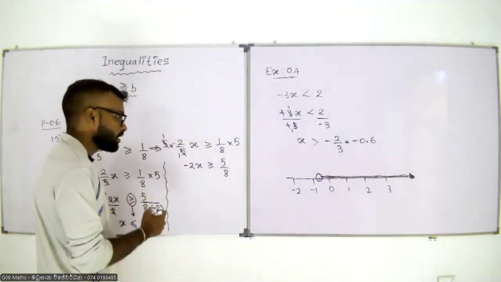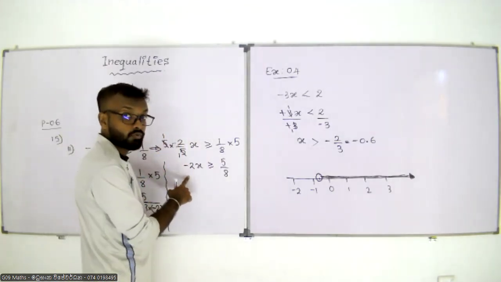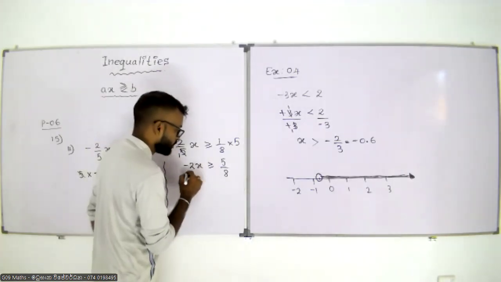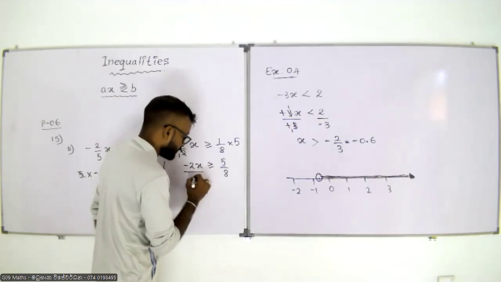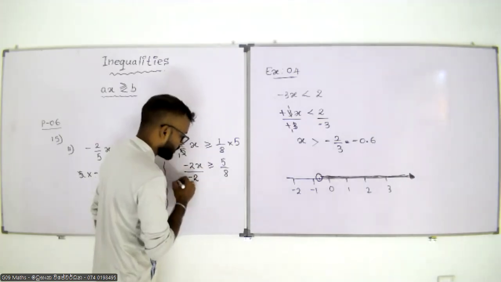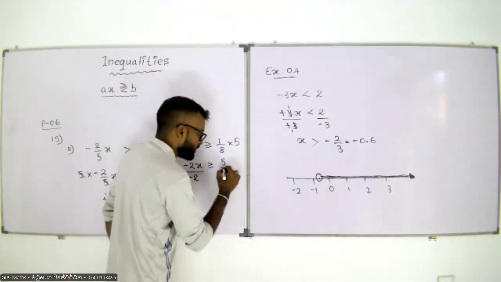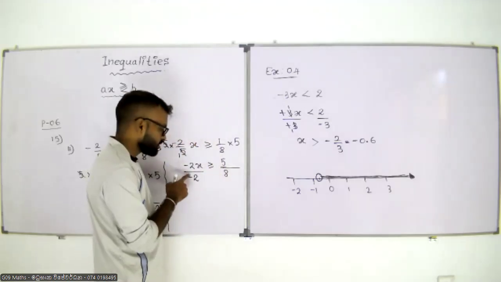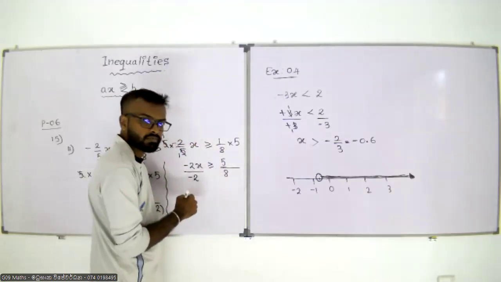Now you are going to remove negative 2 from your left hand side. In order to remove negative 2, you are going to divide this side by negative 2, and divide this side by negative 2. Divide means it should be in the denominator.